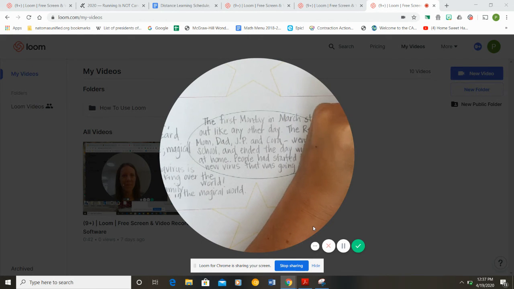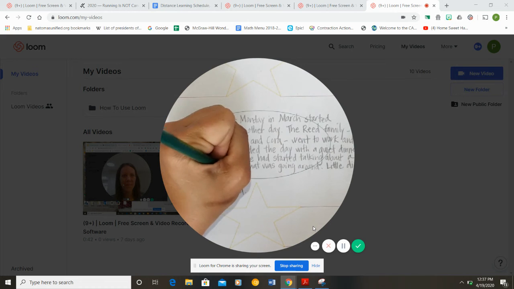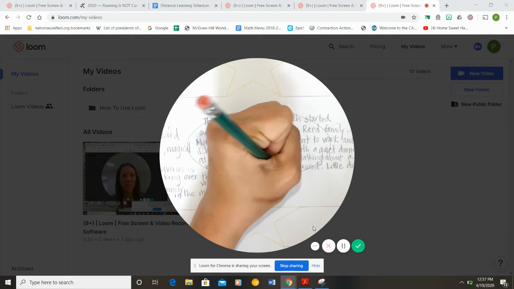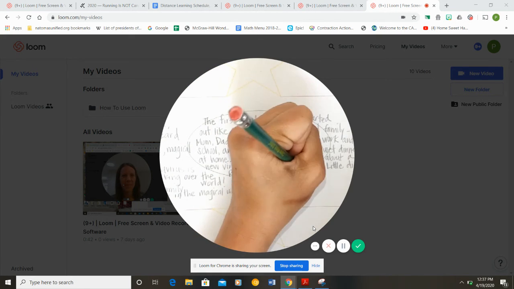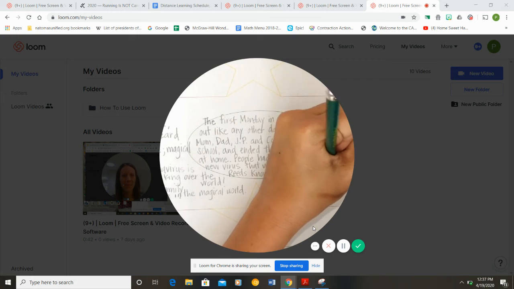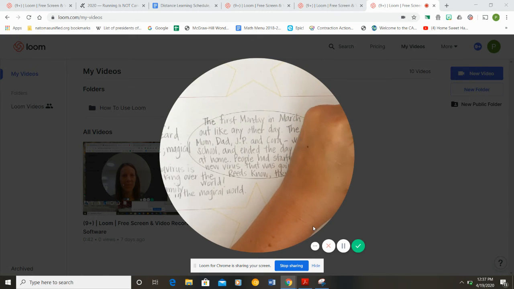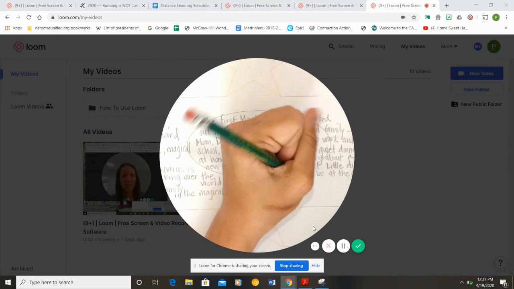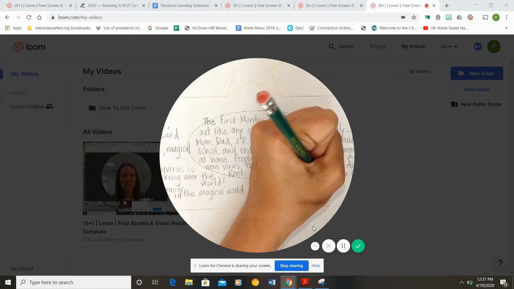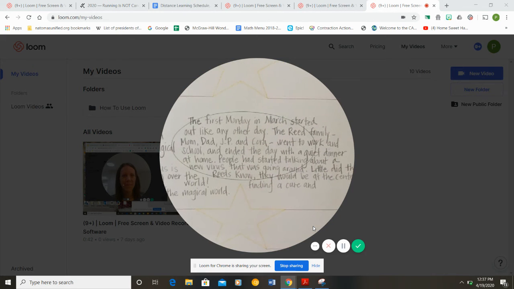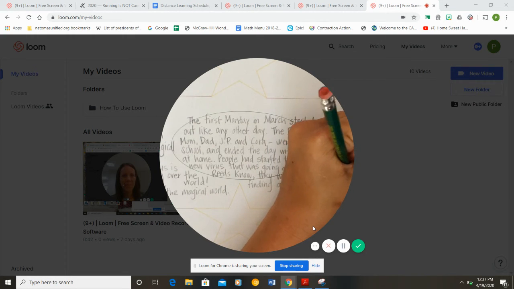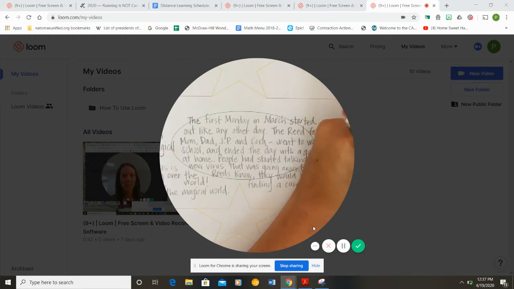Little did the Reeds know they would be at the center of finding a cure and saving the world. Dun, dun, dun.